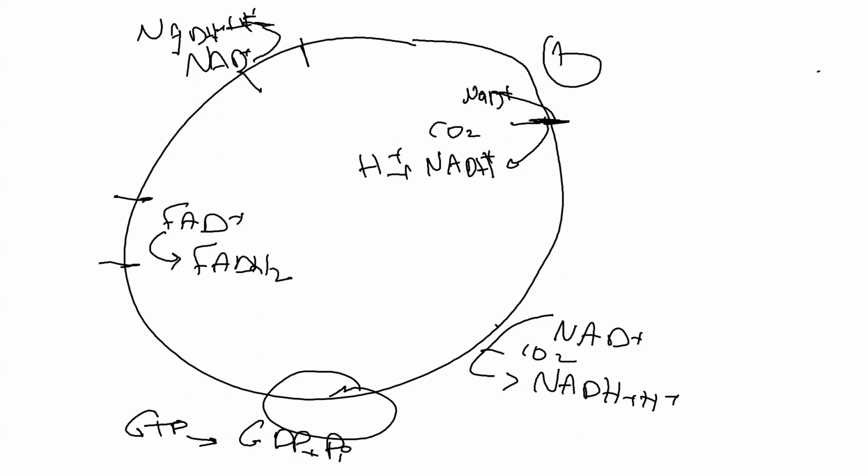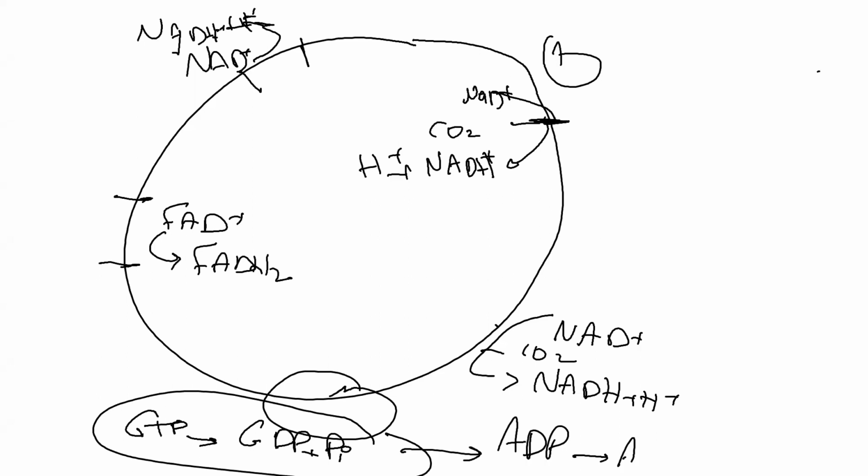And because of this, an ATP will be produced from ADP, because this GTP is decomposed. So we're going to have one ATP produced.